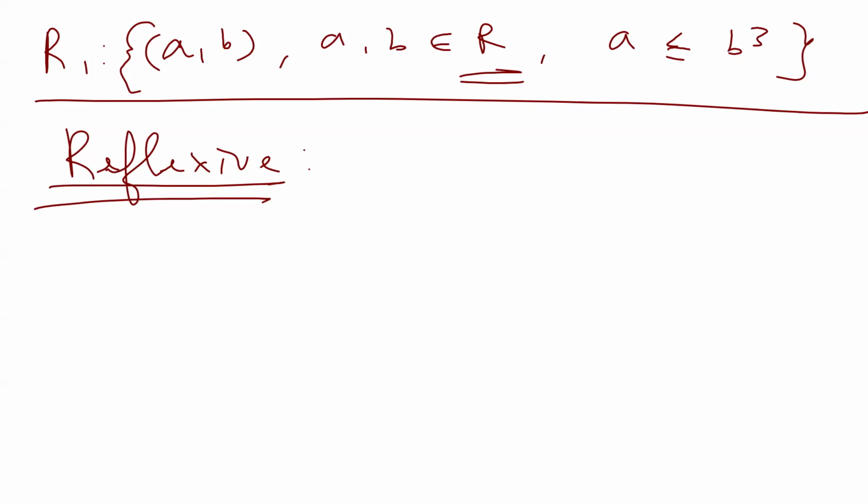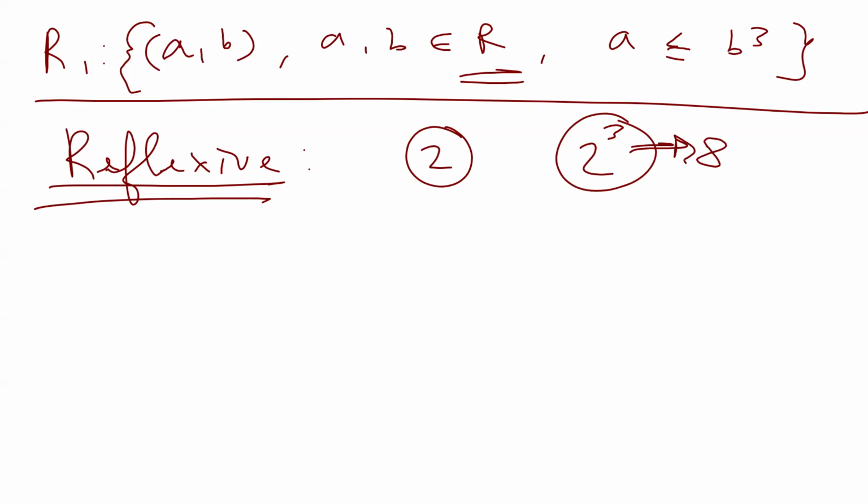So for reflexive, it must hold for every real value. Now let's take some natural values. Let's take 2. What is 2 cube? 8. So 2 is less than or equal to 2 cube, which is 8, which is true.